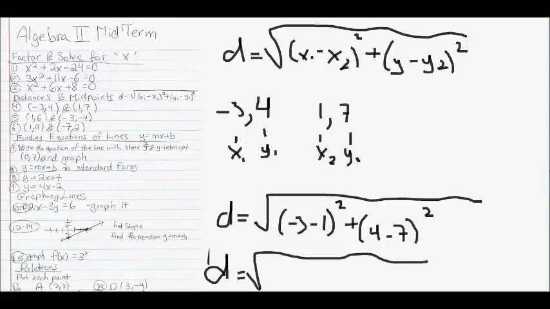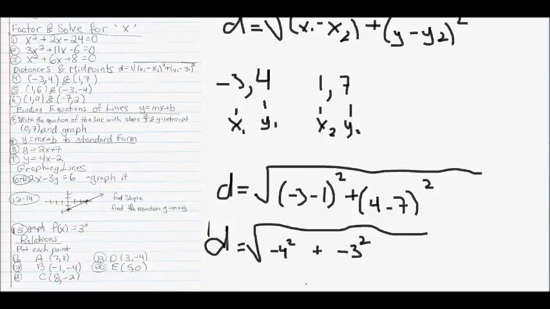We simplify it. Negative 3 minus 1 is negative 4 squared, plus 4 minus 7 is negative 3 squared. So d equals negative 4 squared is positive 16, plus negative 3 squared, which is positive 9, correct?